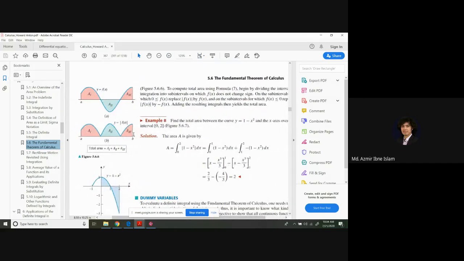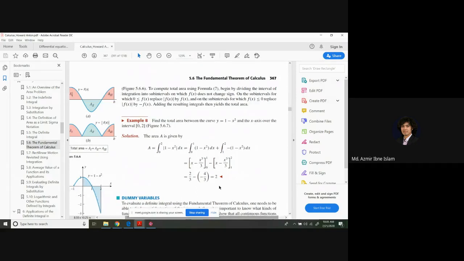For this part you can see you have area above the x-axis, area below the x-axis, area above the x-axis. Then some parts will be cancelled and finally you will get the result. For this problem, can you see that here we have modulus of 1 minus x squared? Yes, sir.